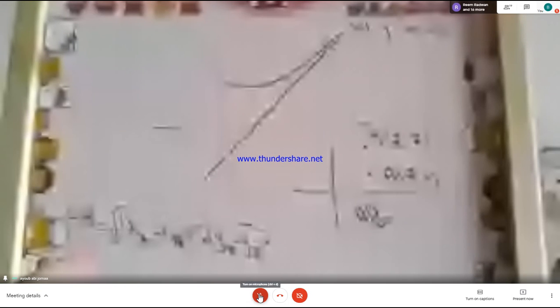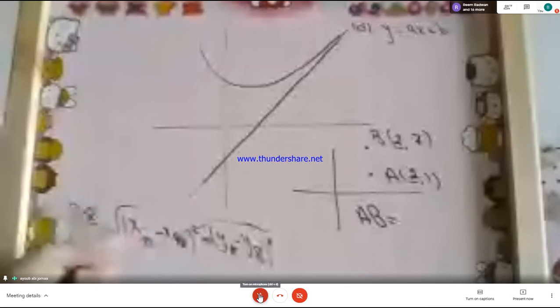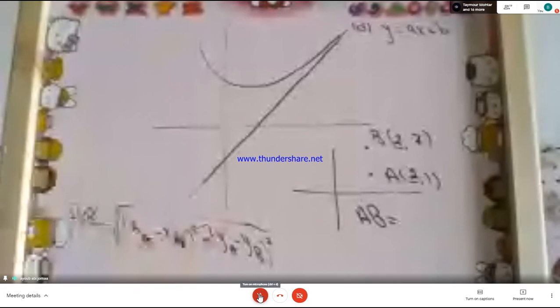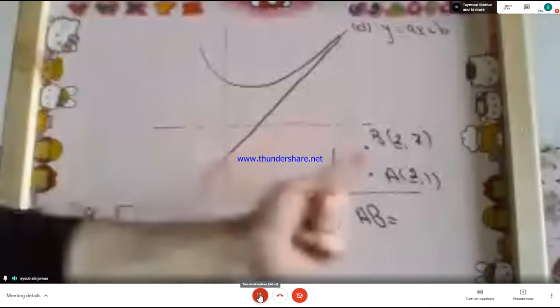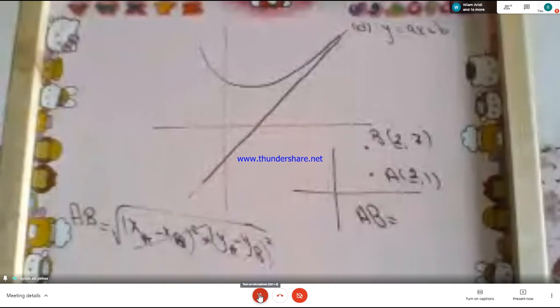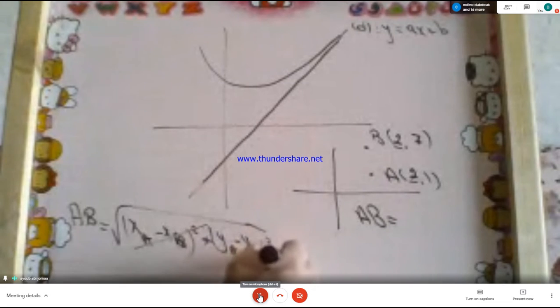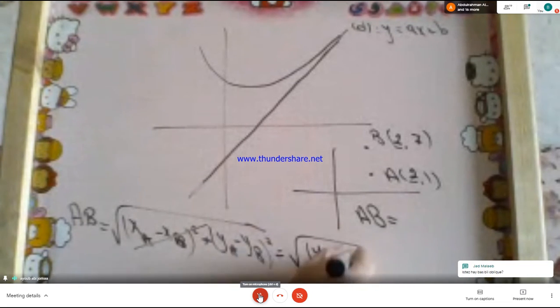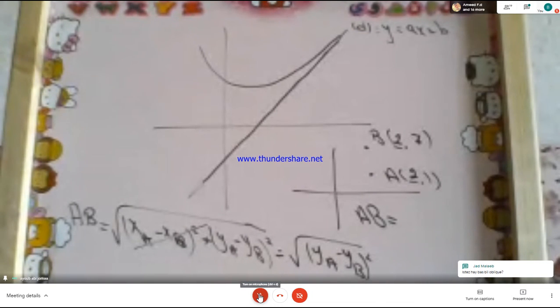Because they have the same abscissa, XA minus XB is equal to 0. So the distance will be the radical of (YA minus YB) squared.